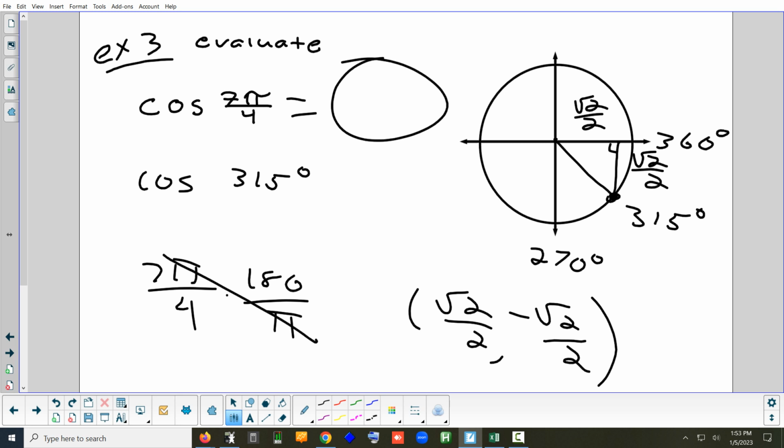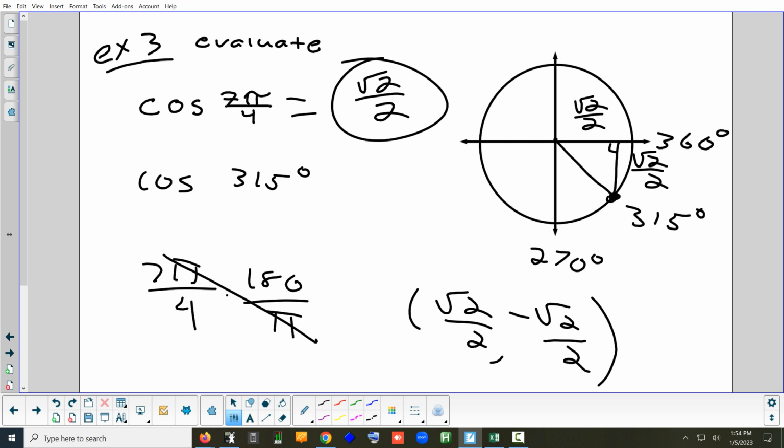Oh, that's the x. And what's the x in this case? Square root of 2 over 2. Yep. So there's a 45-degree angle in every quadrant. Any questions on the 45s?